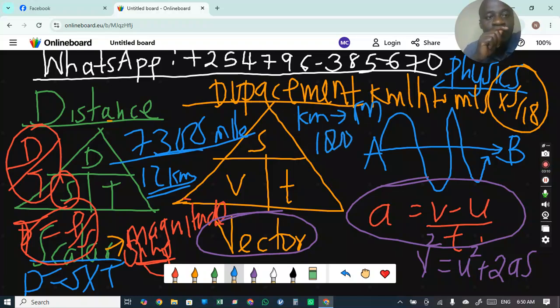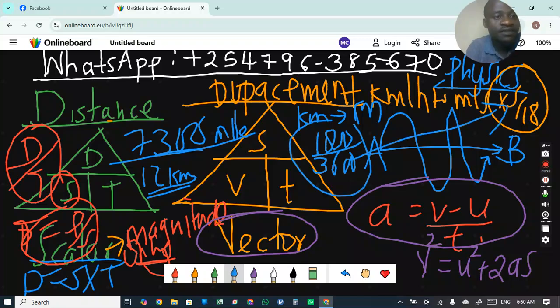We are also converting hours to seconds, because it is kilometers per hour to meters per second. 3,600 seconds make 1 hour. So we take 1,000 divided by 3,600. If you simplify it, you get 5 over 18. That's why when we convert kilometers per hour to meters per second, we multiply by 5 over 18. If you want to understand it in finer detail, you can always contact me for assistance.